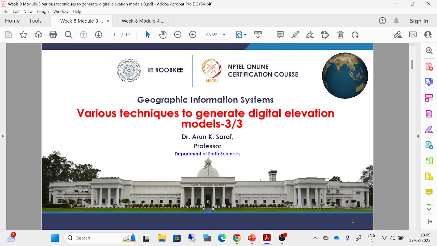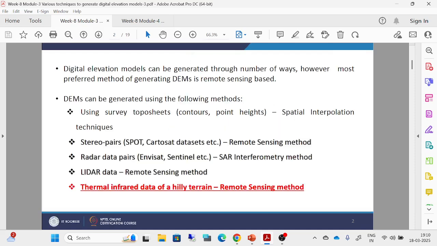So as we were saying, DEMs can be generated using all these methods. We have discussed the previous ones. In this, we will be discussing the thermal infrared data of a hilly terrain using the remote sensing method.